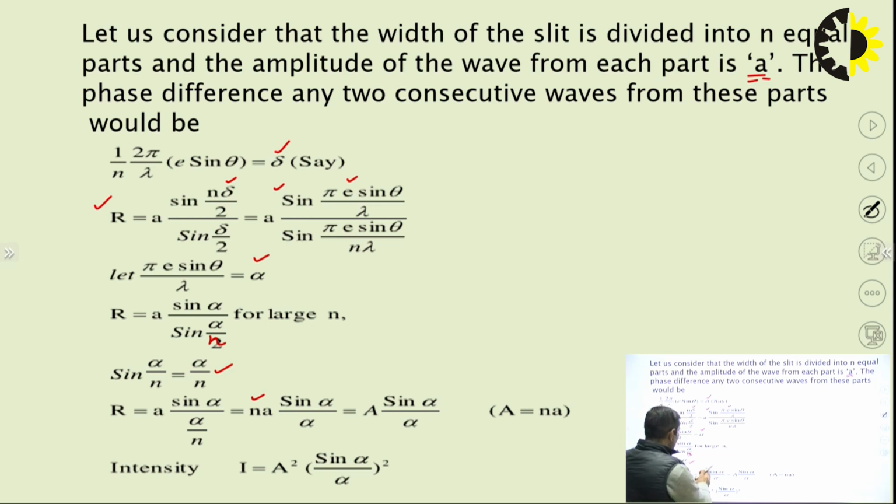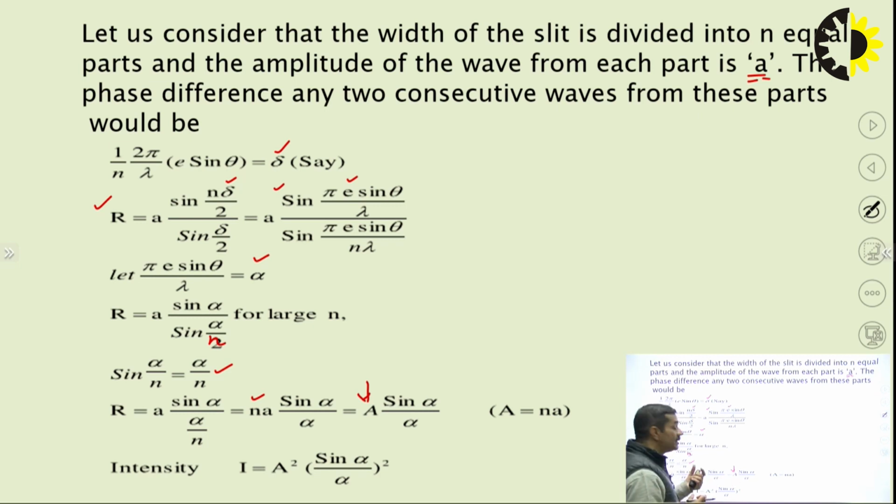Here A represents the amplitude due to one slit, so multiplying with n gives the resultant amplitude due to n number of slits. So nA represents the maximum amplitude, times sin alpha by alpha. This is the value of the amplitude at point P.